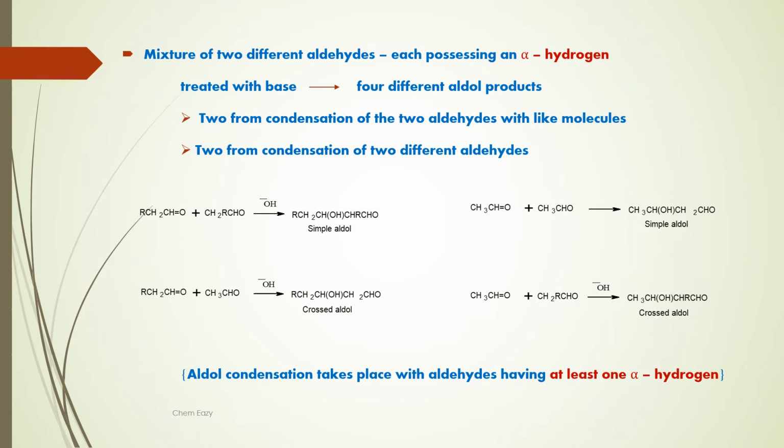When the condensation takes place between two aldehydes with like molecules, a simple aldol is produced. When two different aldehydes undergo aldol condensation in presence of a base, a crossed aldol is produced.